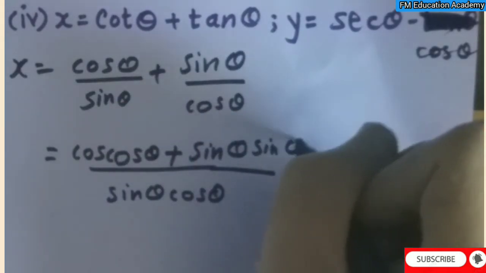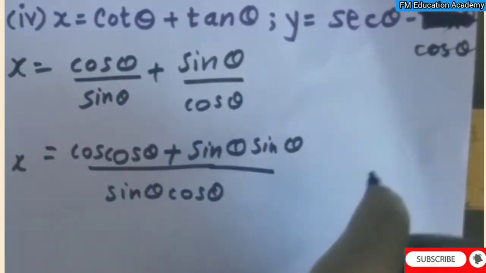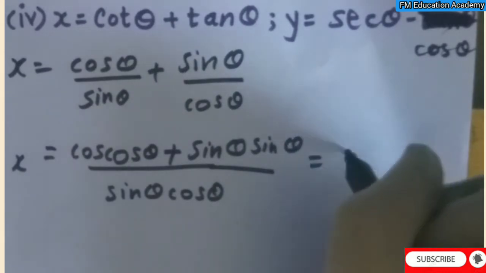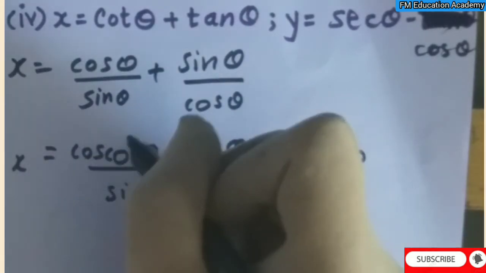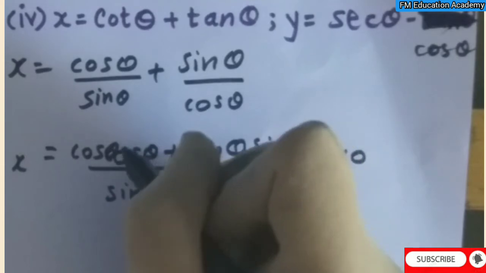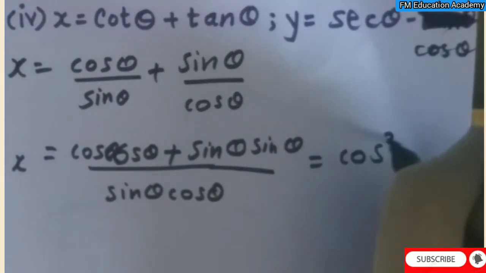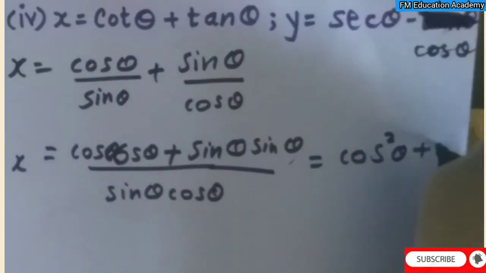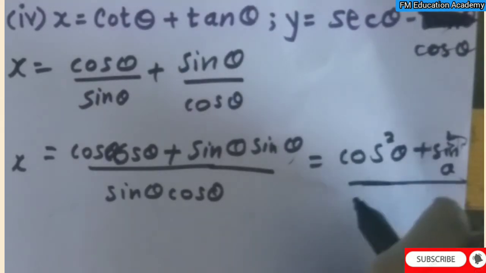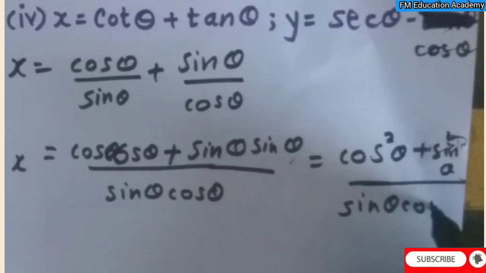LCM I'm taking out. So we will have cos²θ plus sin²θ, whole divided by sin θ cos θ.